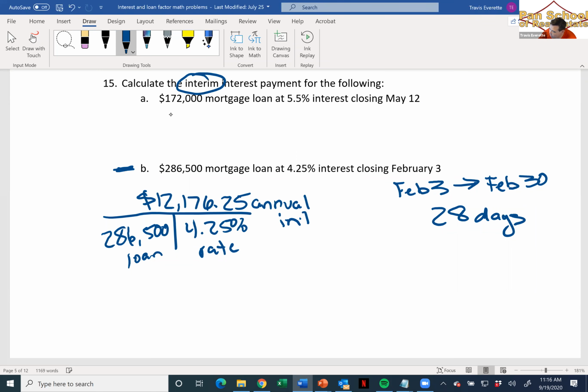But since they want 28 days, don't I have to break it down into daily? Yes. It doesn't matter that they want 28 days. What matters is they want days. I have to first get to days.